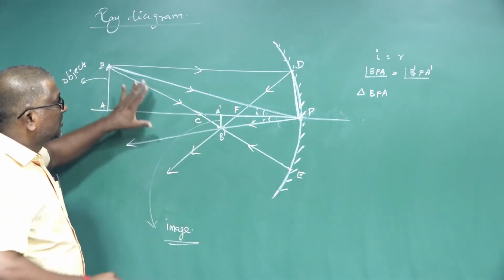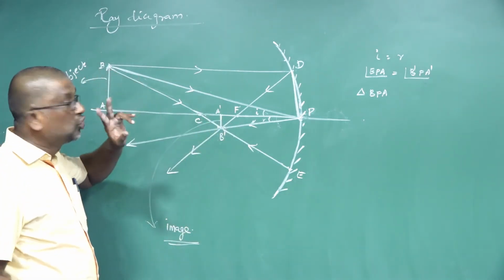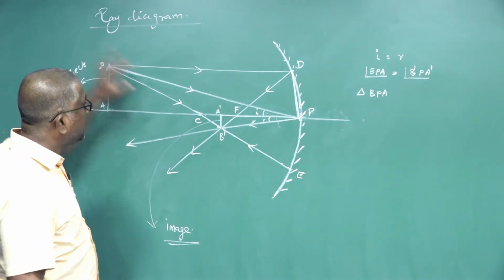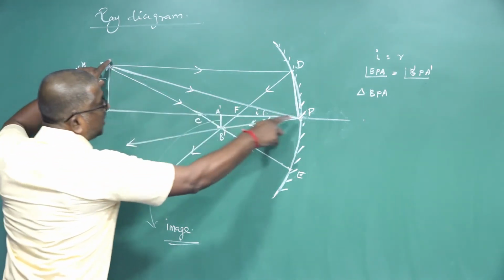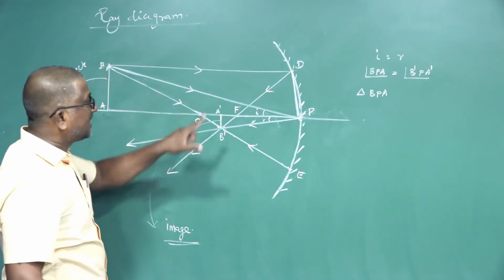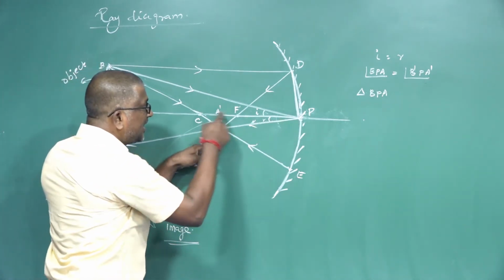So in this diagram we consider two right angle triangles: one is BPA, and the second is B dash P A dash.